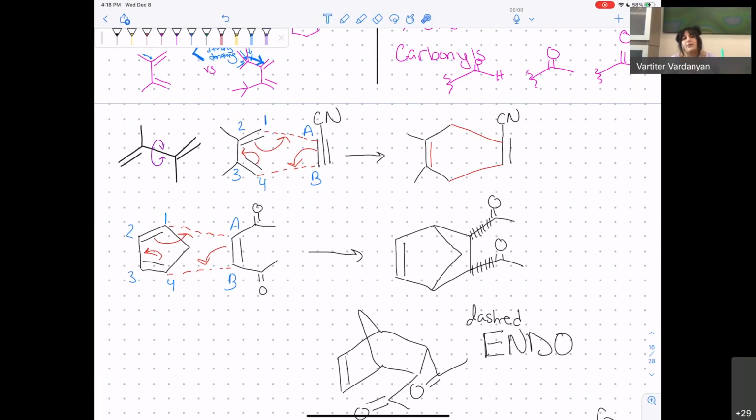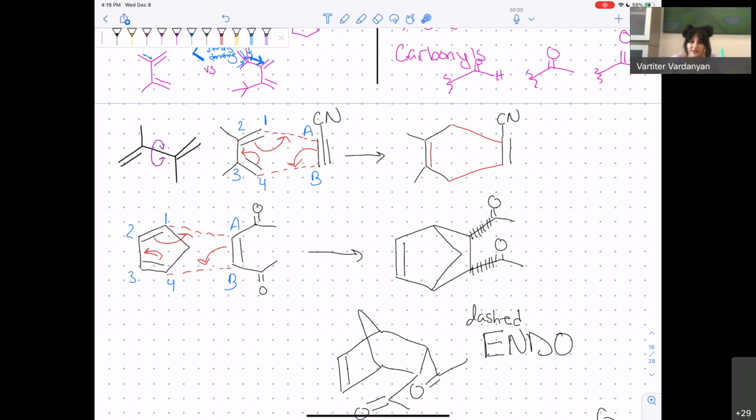Basically, I want you to know that we're always making a 6-membered ring, and we're always connecting carbon 1 to A, carbon 4 to B. The other trick that I often use is if we start out with a 5-membered ring like this one, we end up with 1 carbon in the bridgehead. If we started with a 6-membered ring, we would have 2 carbons in the bridgehead. That's what you should pay attention to.